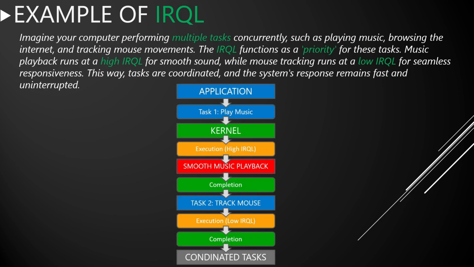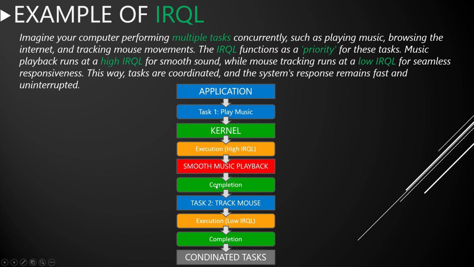Okay, so let's see also the diagram. We have the application here sending the first task, play music. The kernel will help to execute the high IRQL. Okay, the first execution is to play music with high IRQL priority, in order to execute smooth music playback.